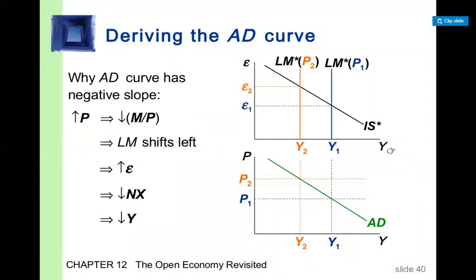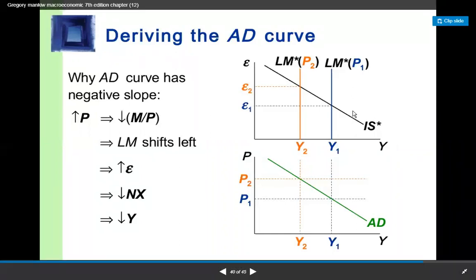The IS curve is similarly negatively sloped, with stars. The first LM curve is over here, and the price level is P1.